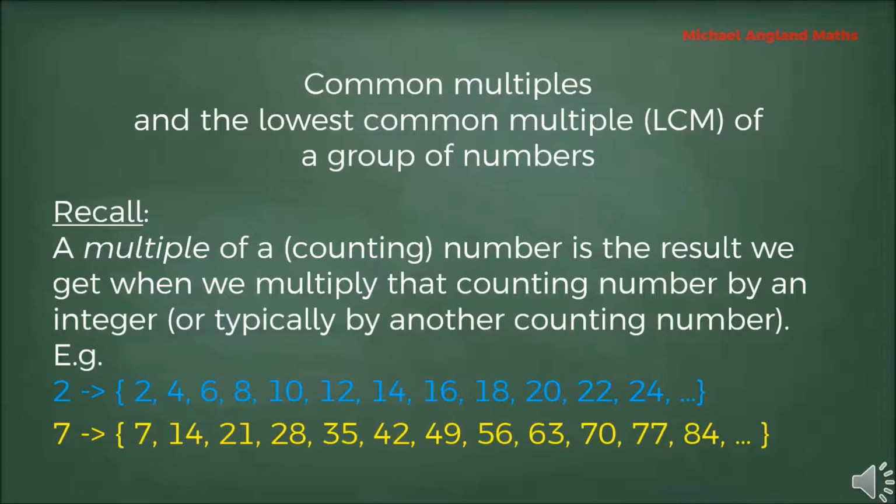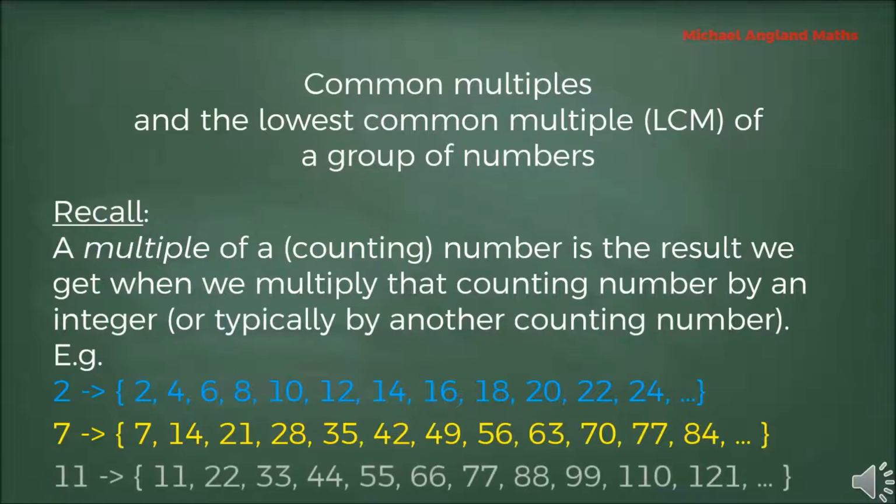Multiples of 7. 7 times 1 is 7, 7 2s are 14, 7 3s are 21, 7 4s are 28, and so on. Multiples of 11. 11 1s, 11, 11 2s, 22, 11 3s, 33, and so on. These are how we list multiples of a number.